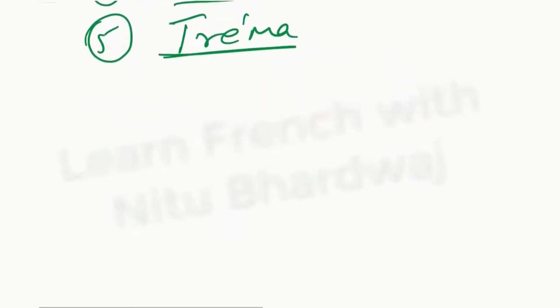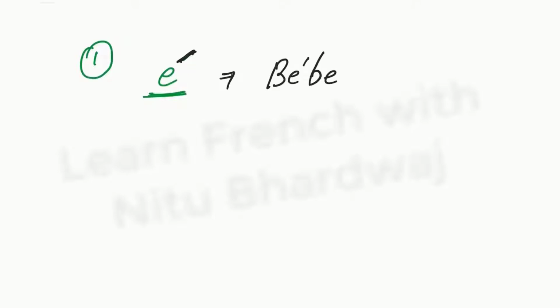Let's start with the first sound. The first sound is é. And this is coming on the top of E. This is the sign of é. Let's see some examples. It will be clear to you then.